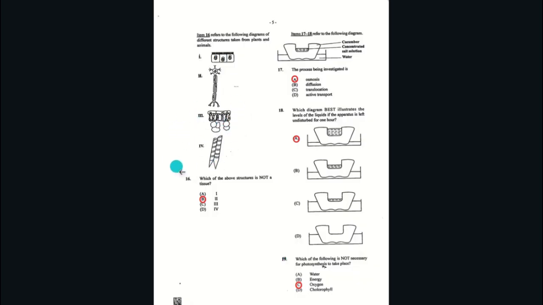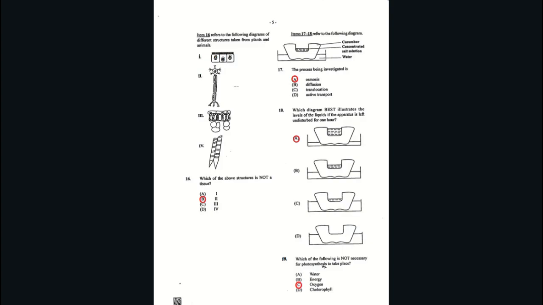So we know that we can call this a tissue because it's multiple cells here. B, this is only one cell all by itself, so big red flag here. And then here we see multiple stuff going on, and here we also see multiple stuff. So if I had to pick which is not a tissue, I would pick 2, the neuron, because it's all by itself. It's all alone.